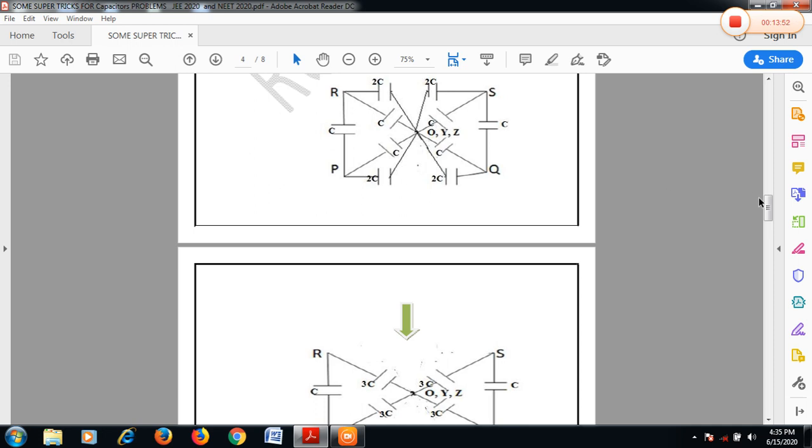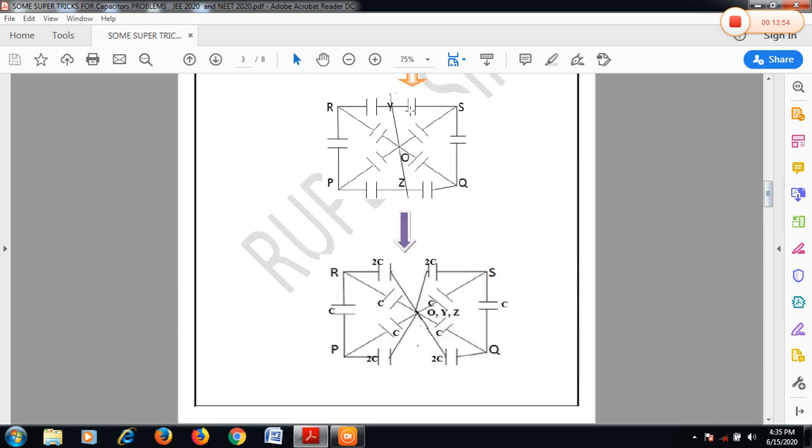Since this part is torn down and this circuit has been connected by connecting point O to this plate, this plate, this plate and this plate, as I have said, the Y, Z and O points are now the same, identical point.